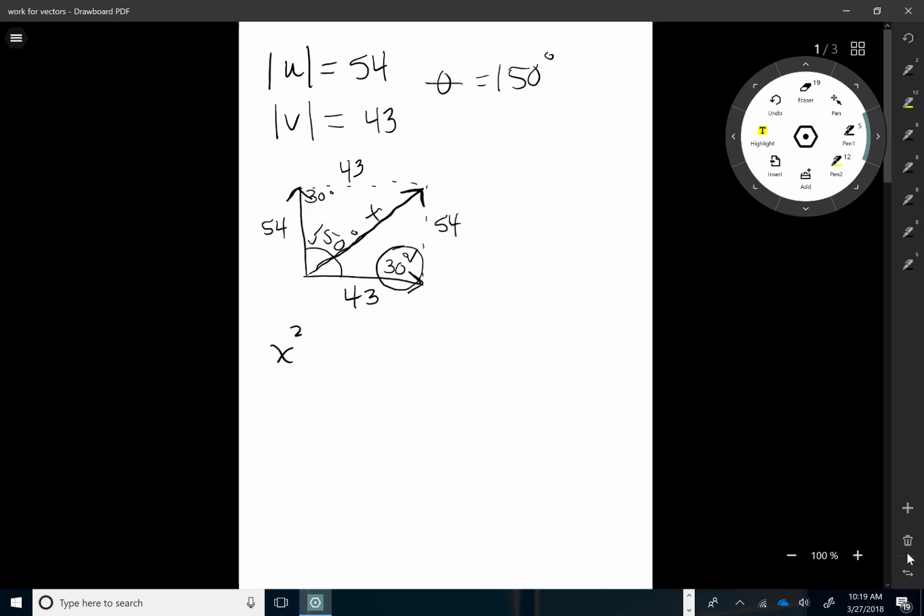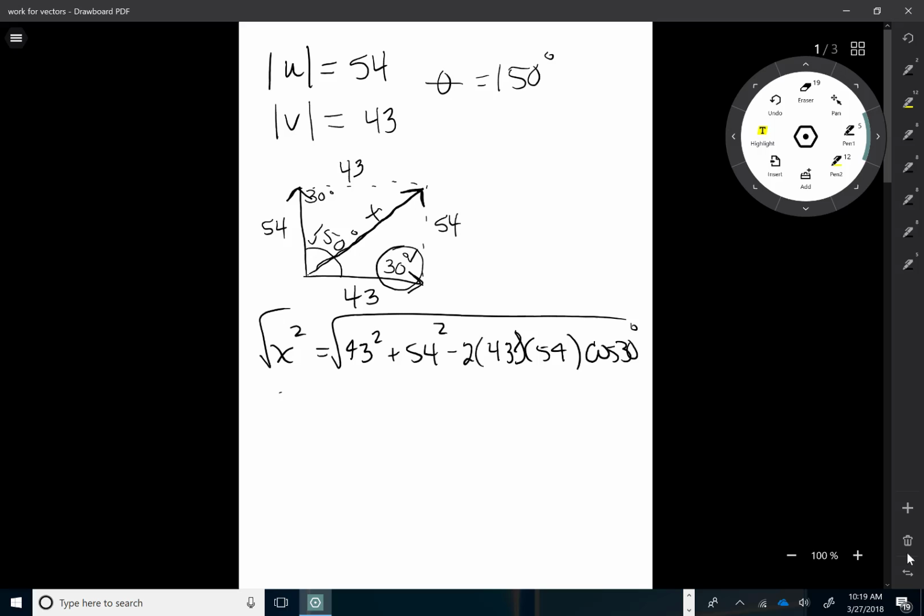So x squared would be 43 squared plus 54 squared minus 2 times 43 times 54 times cosine of 30 degrees. And when I take the square root of both sides of those, I get that x is approximately 27.2. And so that's the resultant.